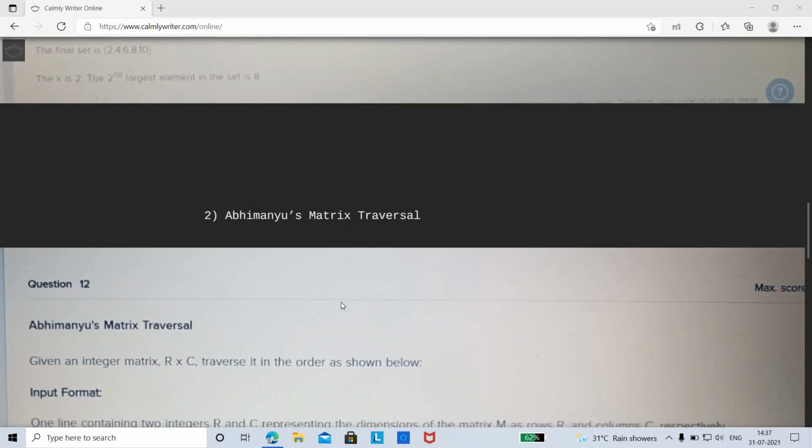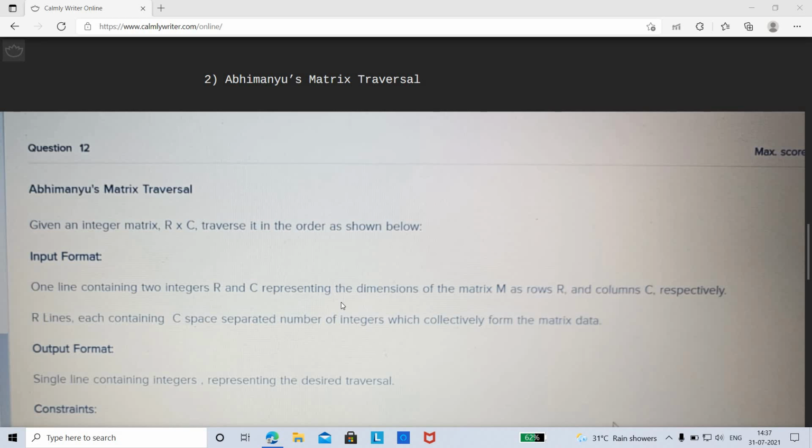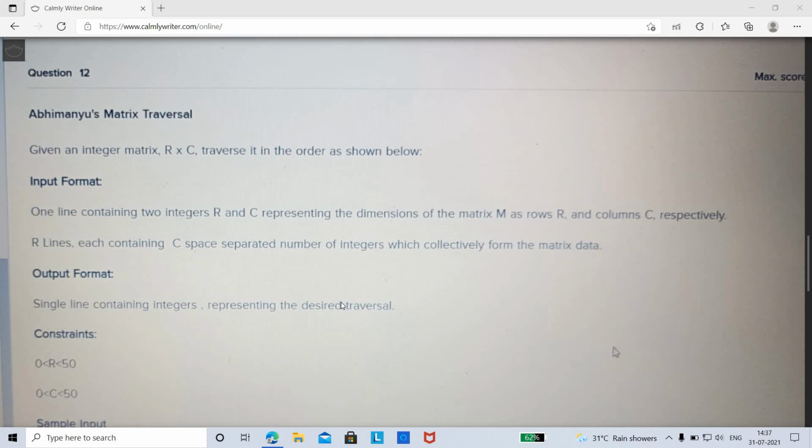So this is all about the first coding question, and similarly the second coding question is on matrix traversal. Abhimanyu's matrix traversal. First, there will be 10 MCQ questions, and the 11th and the 12th questions will be the coding questions.